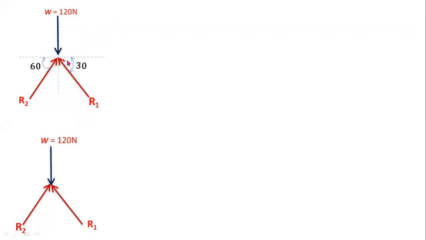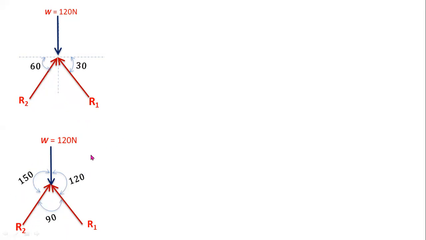Here the angle is 90 plus 30, 120 degrees for this corner. For this corner, the angle is 90 plus 60, 150 degrees. Now the remaining angle is 360 degrees minus 150 minus 120 equal to 90 degrees. The total angle is 360 degrees.